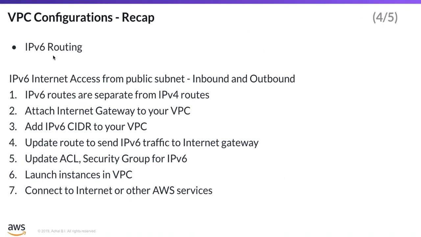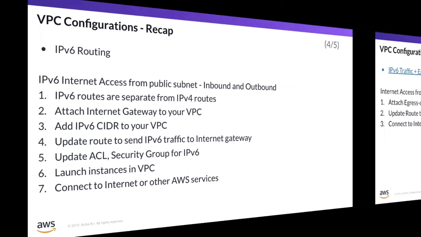And we saw how IPv6 routing is explicit from IPv4, and any traffic that you need to go through IPv6 has its own configurations to be done in all the VPC components.